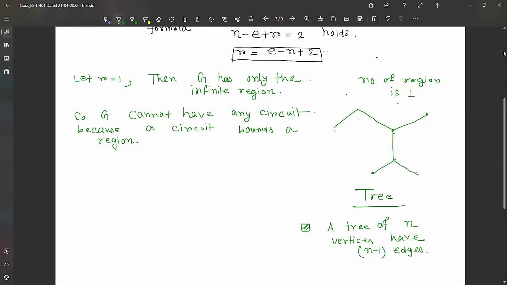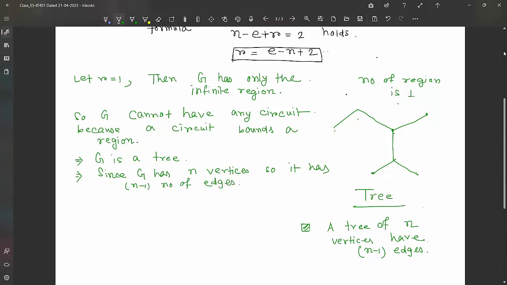So we can say that G is a tree, because there are no circuits, and since G has n vertices, it has n minus 1 edges.